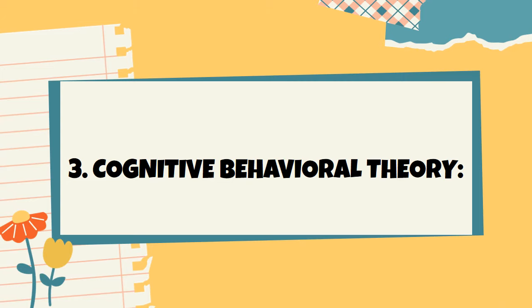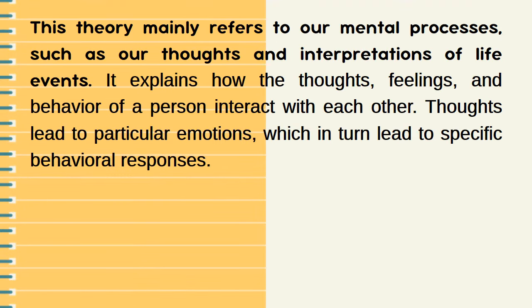And now, we will be discussing cognitive behavioral theory. This theory mainly refers to our mental processes, such as our thoughts and interpretations of life events. It explains how the thoughts, feelings, and behavior of a person interact with each other.